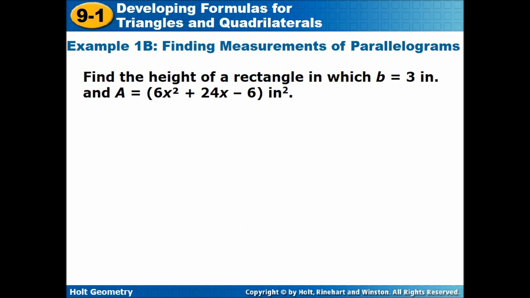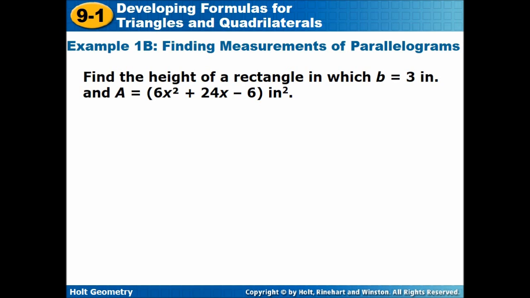In this next example now, we are going to again use the formula for area, but this time I'm going to give you the value for the area, and what they want you to find is the height, which we're going to call h. And we're going to do this by a simple process of undoing, which means you're going backwards so that you can strip away anything that's around the h in the equation and discover what h actually is, what the height is.